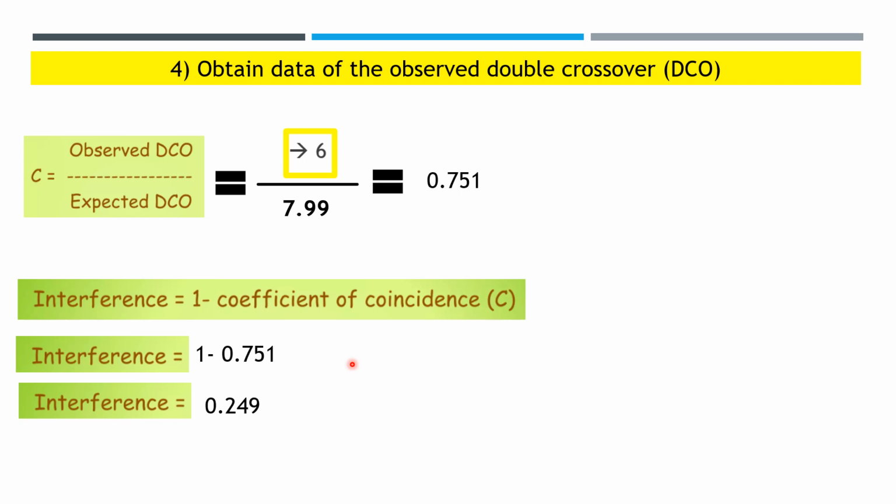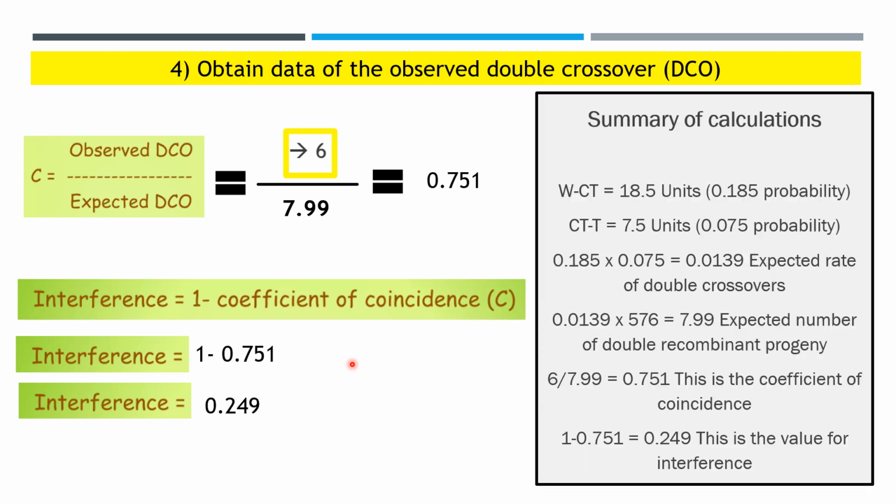Okay. In case you want to know, here is a summary of the calculations that I did. So review it. It's highly recommended that you stop the video, try to think about it, try to draw it, because it's not complicated. It's just that they wanted you to think in this exercise.